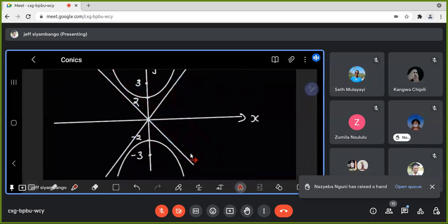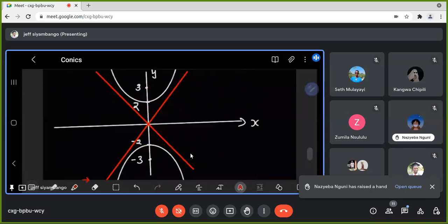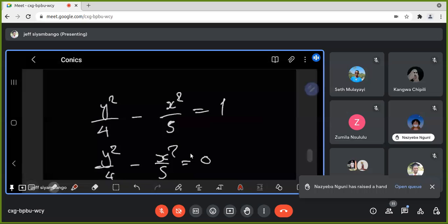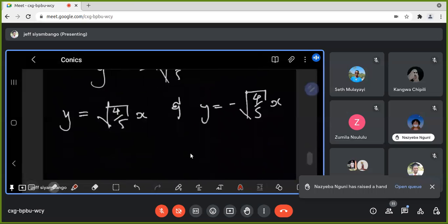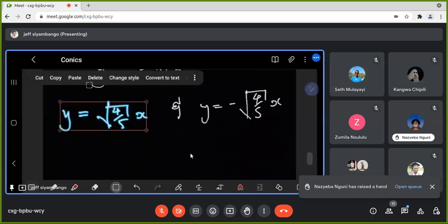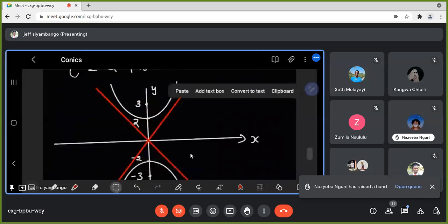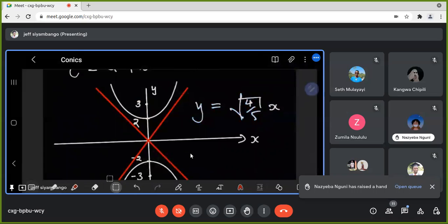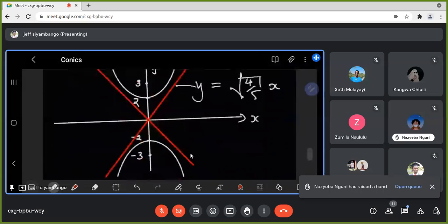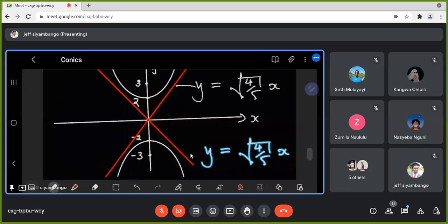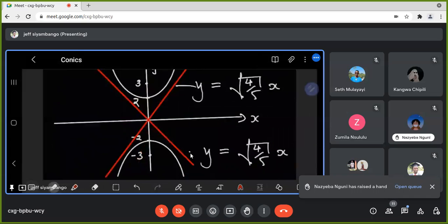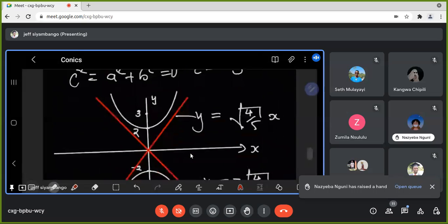So what you just want to do is label the asymptotes. The one with the positive gradient will go up, which is this one. And the one with the negative gradient will be this one, the one slanting downwards. So we have sketched the equation, but I just want to state the ones they wanted.